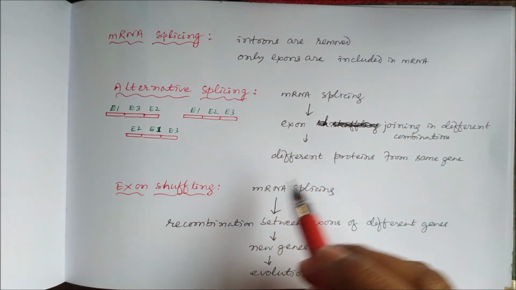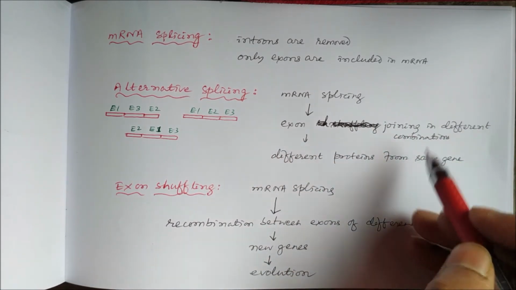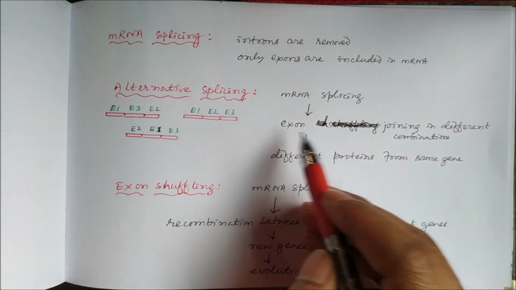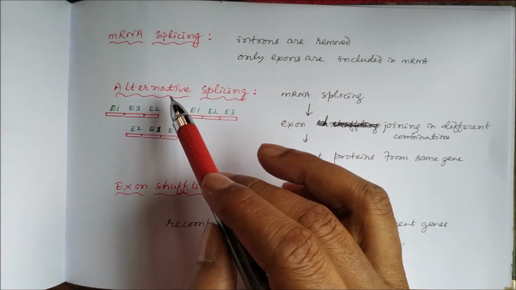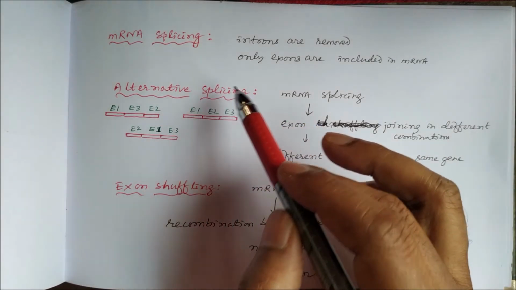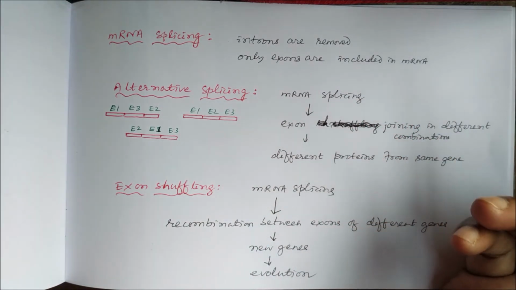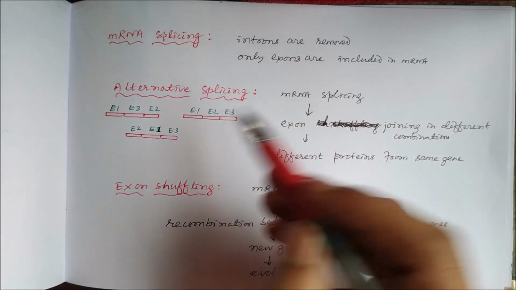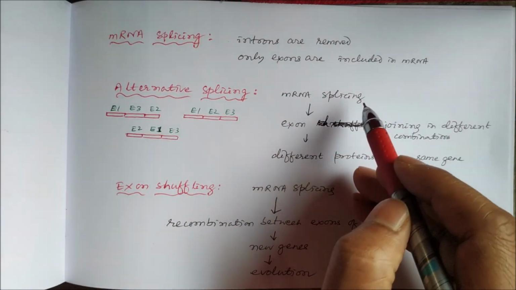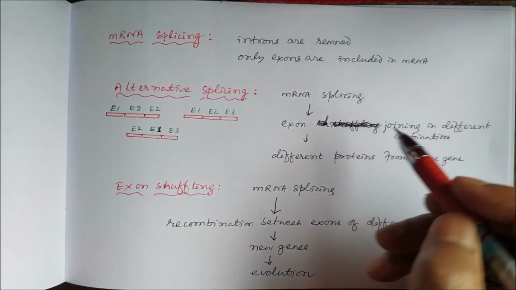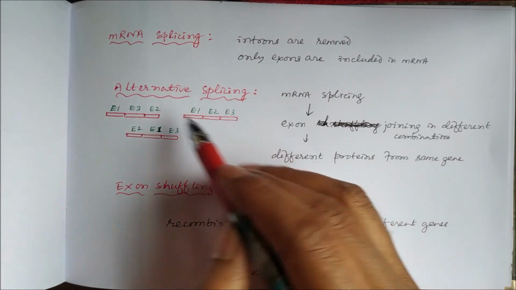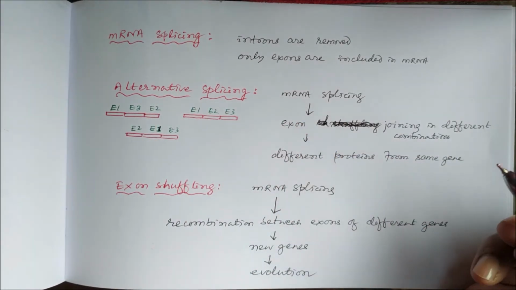When we get different proteins from the same gene because exons join in different combinations, we call this process alternative splicing. So one gene can lead to the synthesis of different proteins because of mRNA splicing and joining of exons in different combinations. This is called alternative splicing.